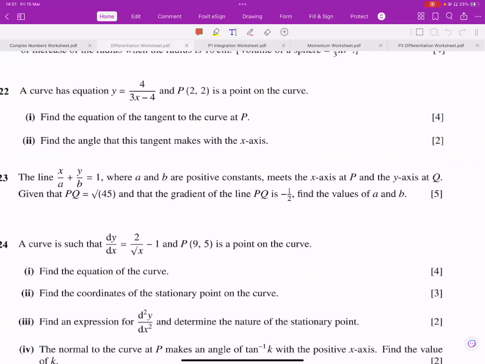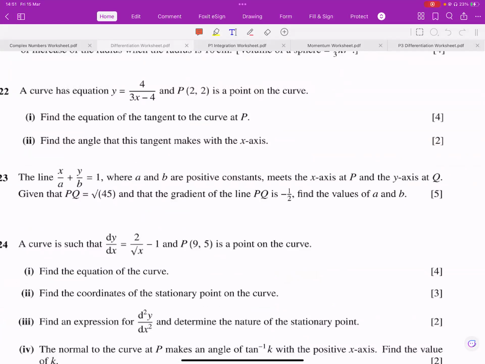Okay, so we have the y-intercept. We can put the y-intercept in place of c. We just need to find the gradient. Let's find the gradient of both of these lines, OA and BC. Let's do that here, part 3. Let's find the gradient of OA first.